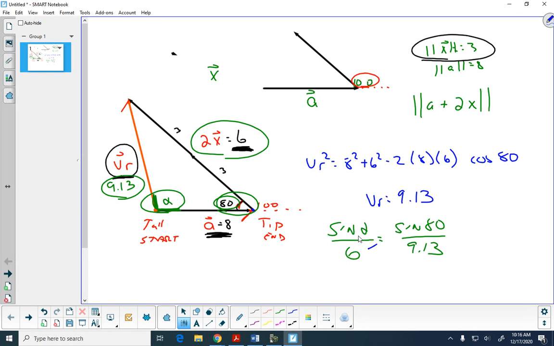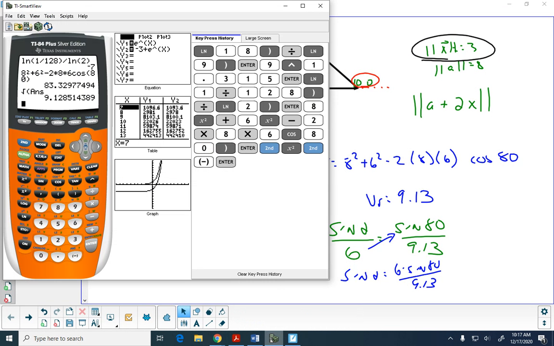We're going to diagonal multiply, and if you start using your calculator a little bit more wisely, we have the sine of alpha is equal to 6 times sine of 80 divided by 9.13, which is the answer we just did. What you can do with your calculator, you still have your answer sitting here, the 9.1285, so on.